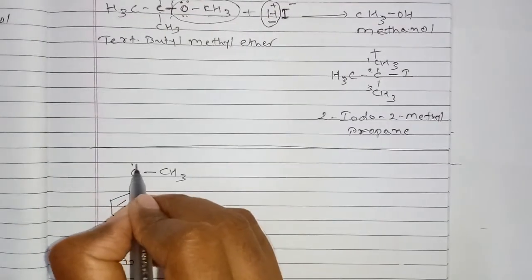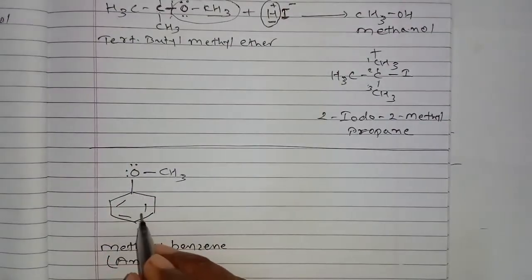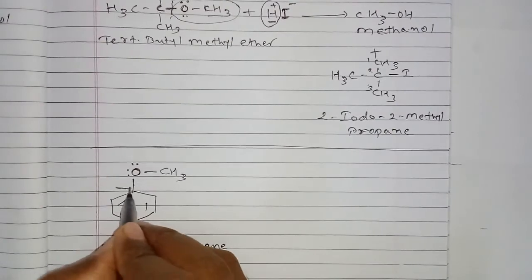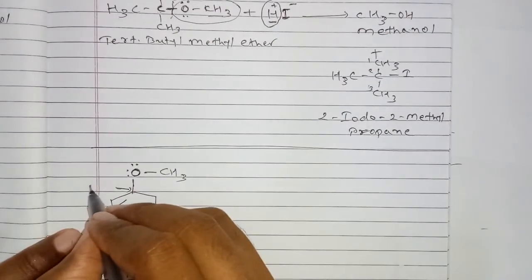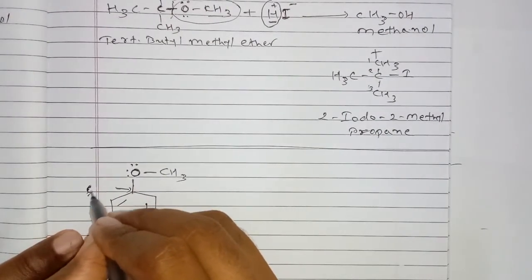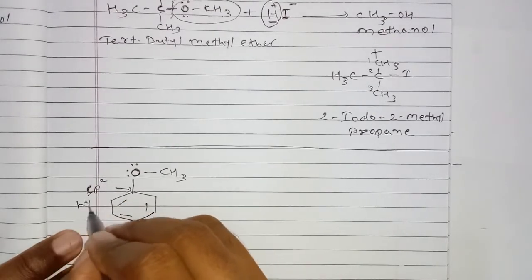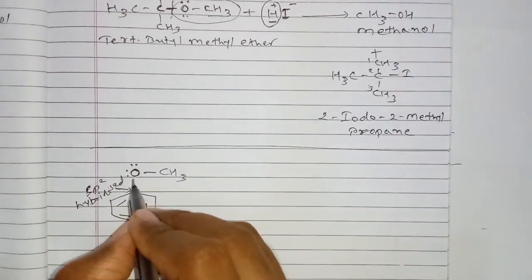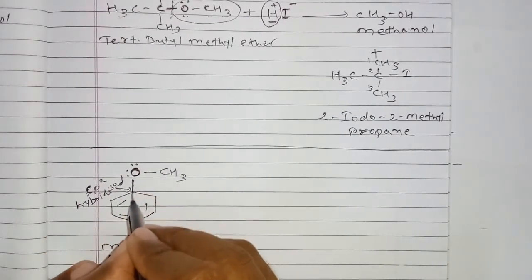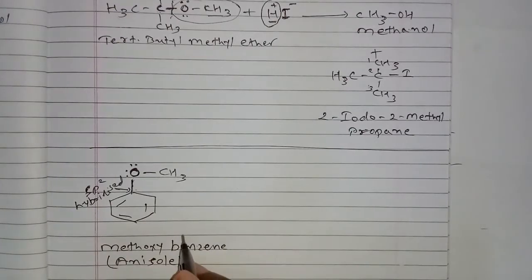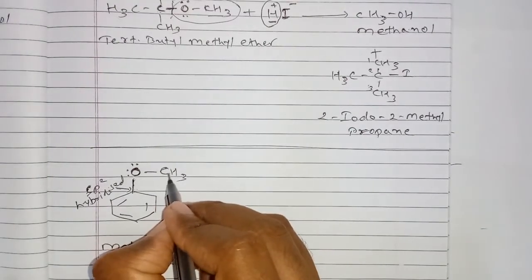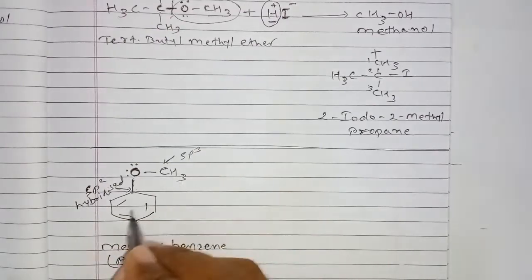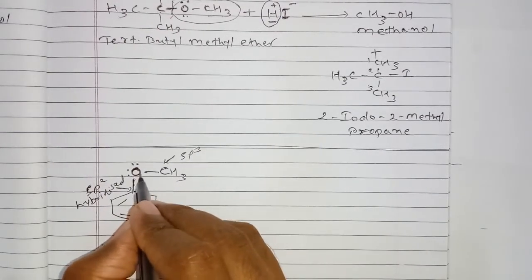Here this oxygen atom has two lone pairs of electrons, and this oxygen is directly bonded to an sp2 hybridized carbon atom, while this carbon is an sp3 hybridized carbon atom, which is bonded with oxygen.